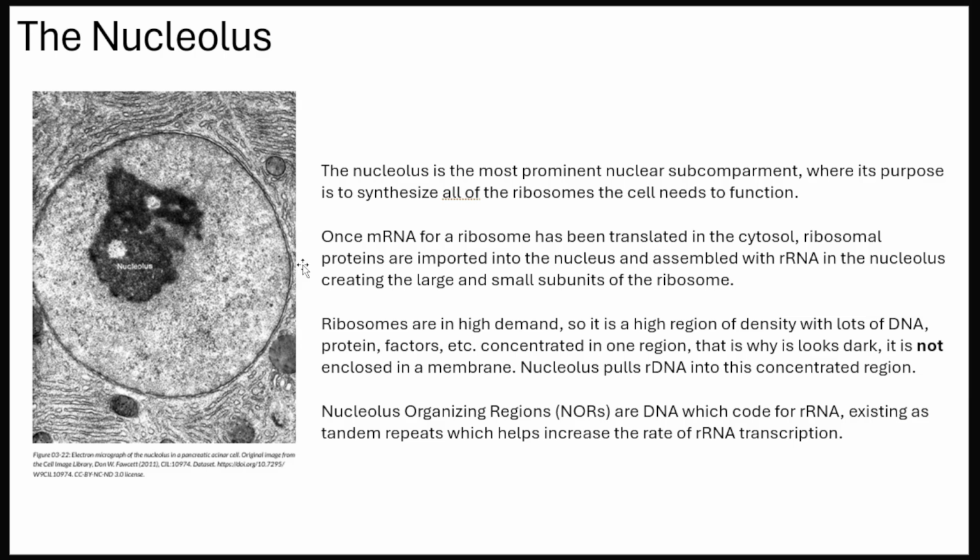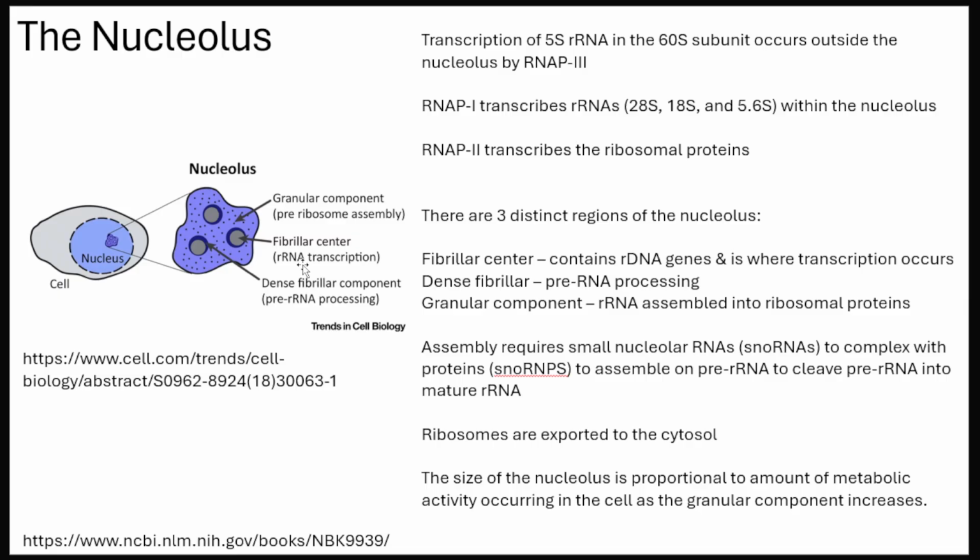If you have multiple copies, it'll be a longer transcript, but it can be broken up, so if you have 3 repeats, you can get 3 transcripts for one transcription cycle. So it's very efficient and increases the rate of rRNA production.